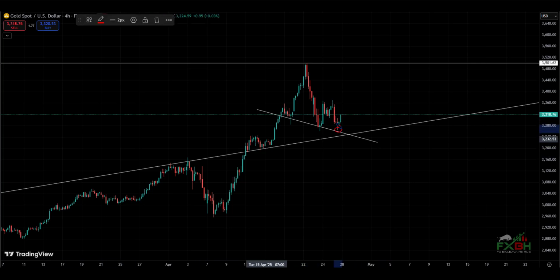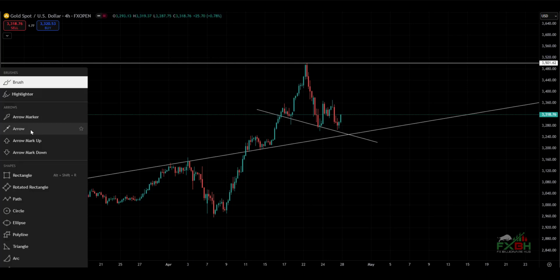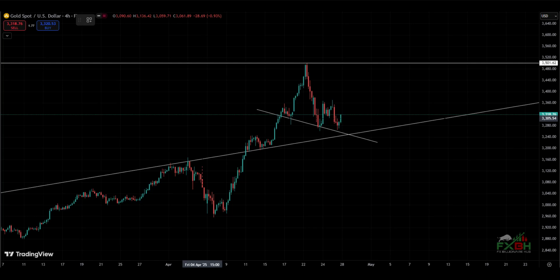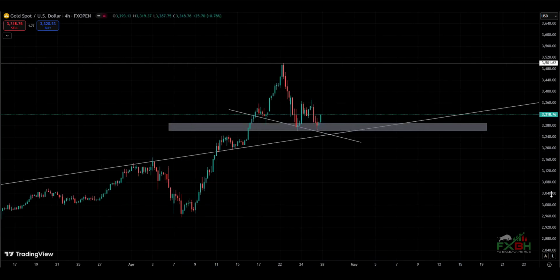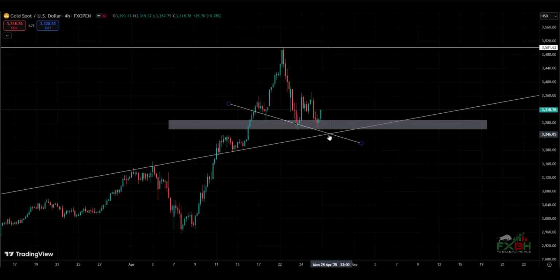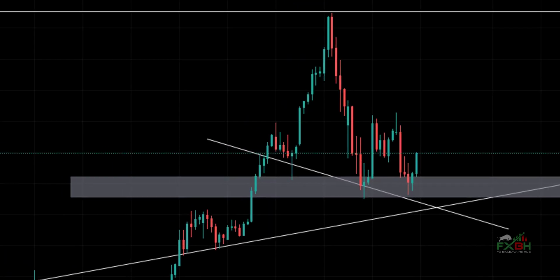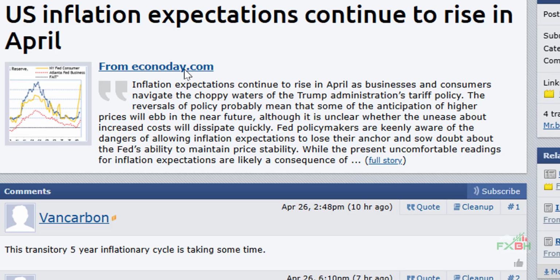Okay, so what is going to happen for the next few days? If we want to draw a support area, we may draw a support area in this particular area. And there is news from econoday.com, and they are saying US inflation expectations continue to rise in April.